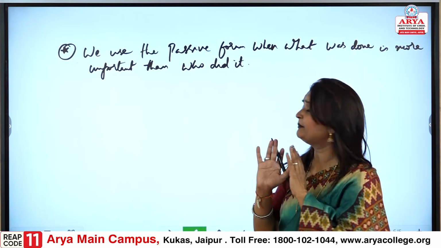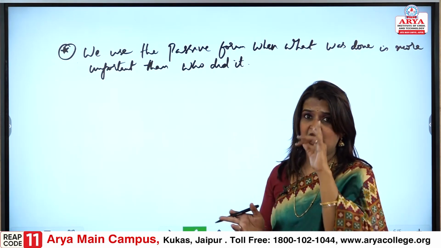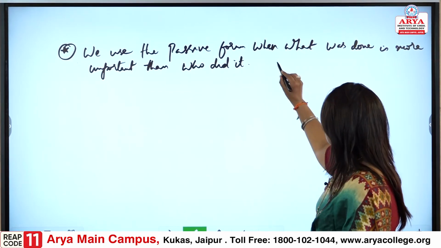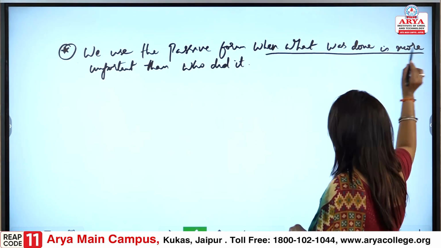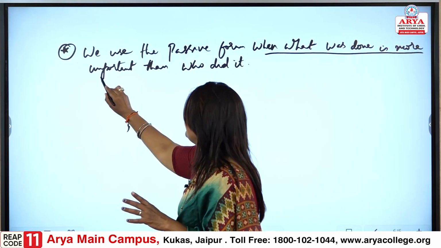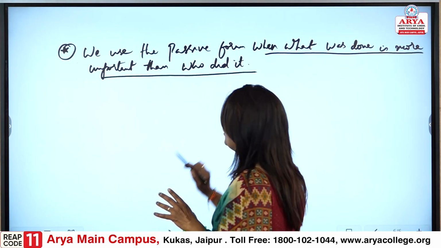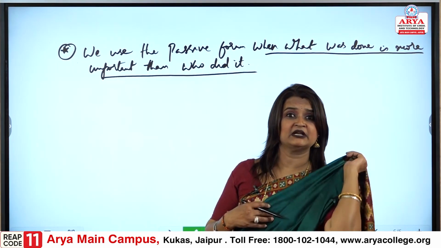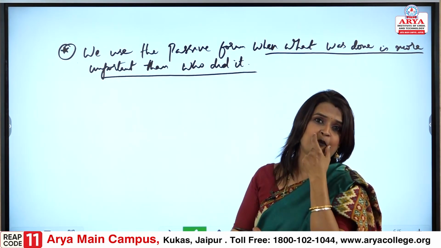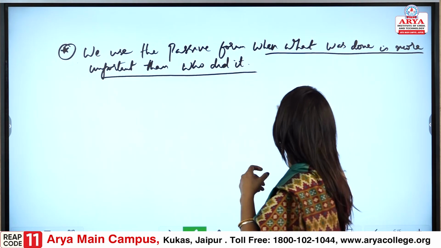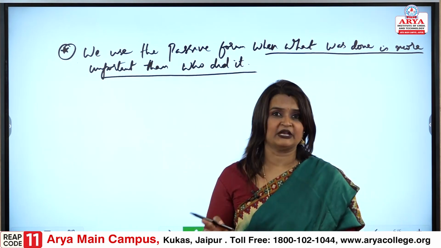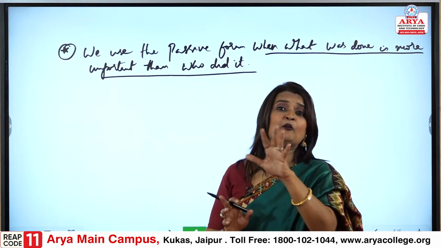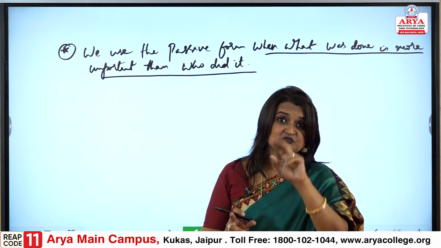Again we need to remember this one point for when we use passive. We use the passive form when what was done is more important than who did it. Who did it is not important. What was done is more important. Who did it is not more important, but what is done is more important.